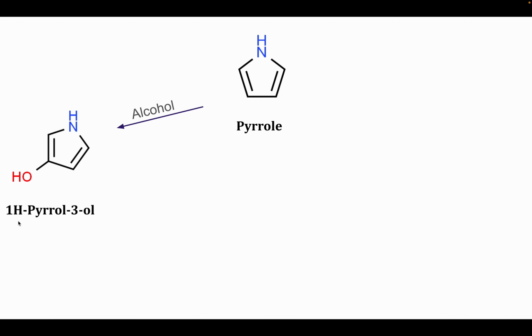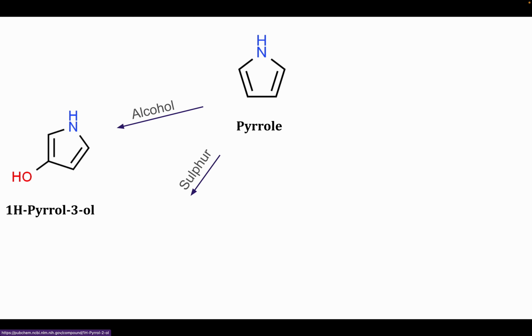So you will write this name as pyrrol-3-ol. Now see, this is the suffix, and this is the prefix. The prefix is written as per the Hantzsch-Widman system, that is, saturated hydrogen is mentioned, the name of the heterocycle, for which a trivial name is available so the trivial name is used, then the location of the functional group and the name of the functional group. This way you can write the name.